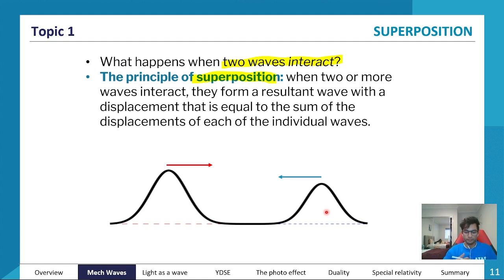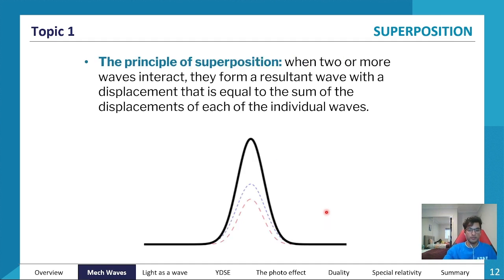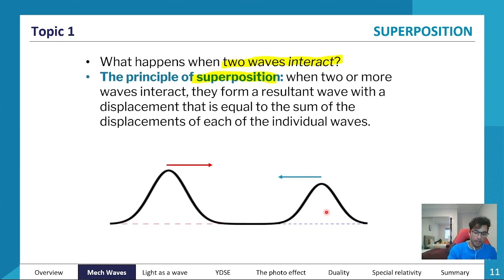These 2 waves are going to combine and their amplitudes are going to add. Let's say this red wave has an amplitude of 5 and this blue wave has an amplitude of 3. When these 2 waves meet in the middle, it's going to result in a much bigger wave that has an amplitude of 8.